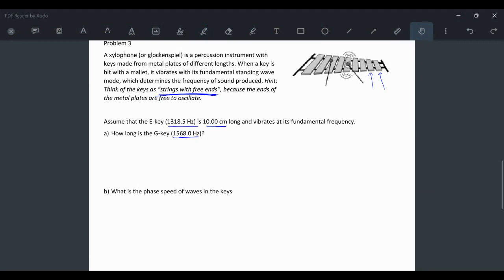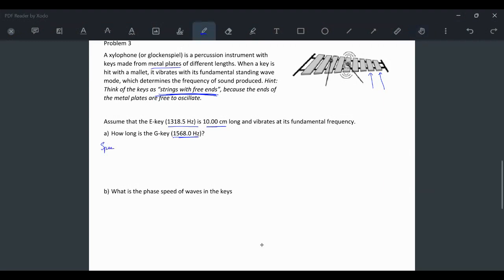So we know, I assume, hopefully you guys know, that these keys are all metal plates. I think it said steel. It doesn't actually tell us what metal they are, but they're all the same metal.